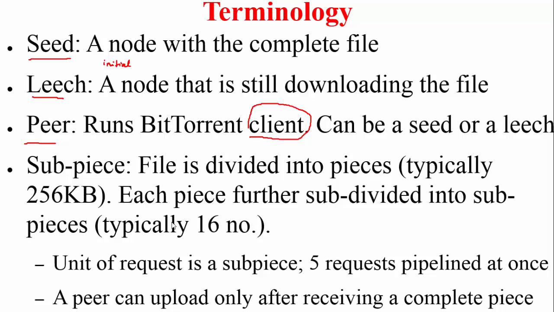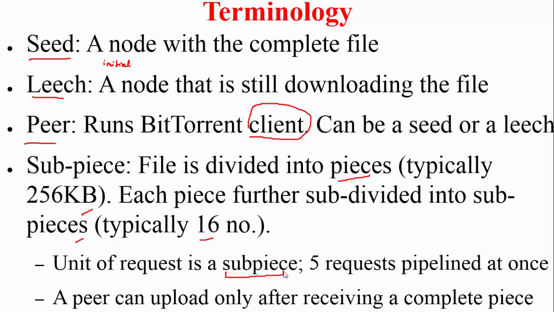Again, I mentioned this before, a file is divided into pieces. This is typically 256 kilobytes. And each piece is further subdivided into sub-pieces, typically 16 in number. So one piece is made up of 16 sub-pieces. Whenever you are requesting from a peer a particular chunk of the file, that request is at the sub-piece level.